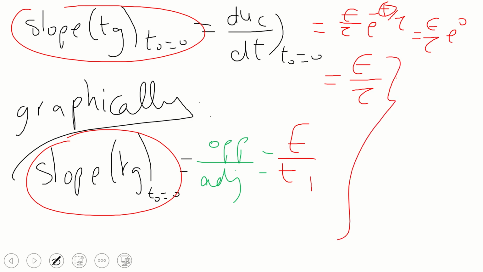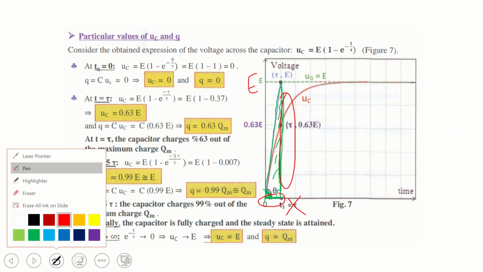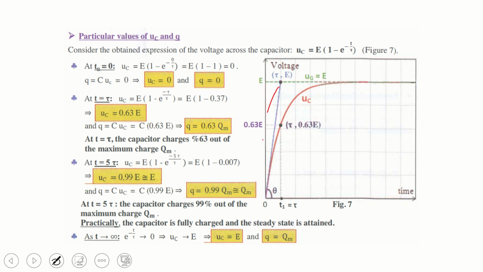By comparison, E over tau equals E over T1. Then T1 equals tau. So yes, this tangent to the curve UC at T0 equals 0 cuts the asymptote UG equals E at the point of abscissa T1 equals tau.